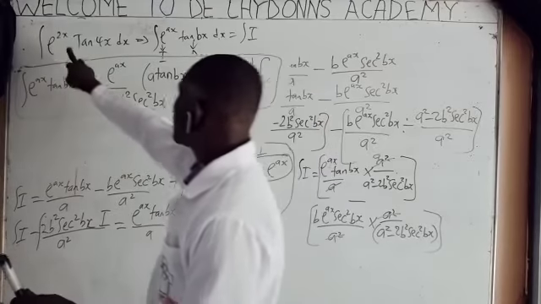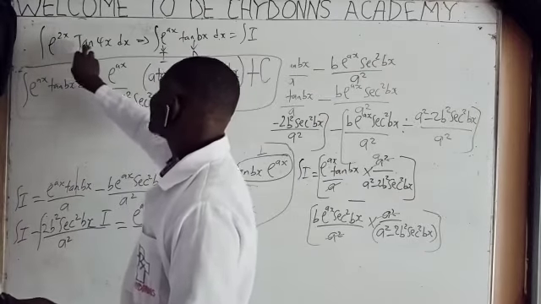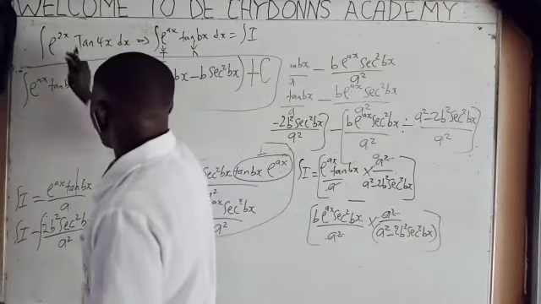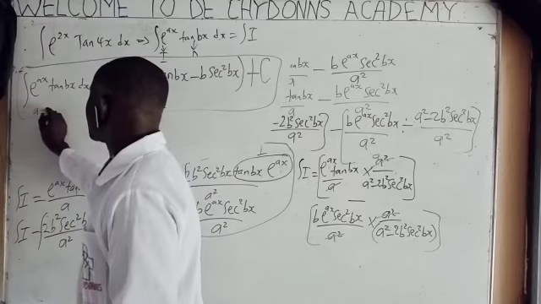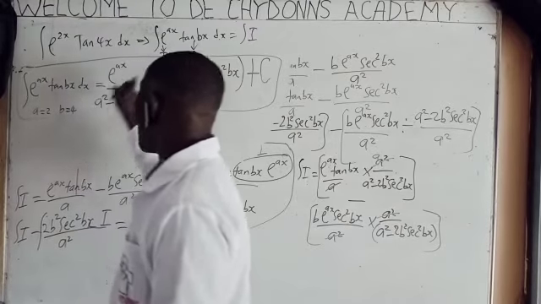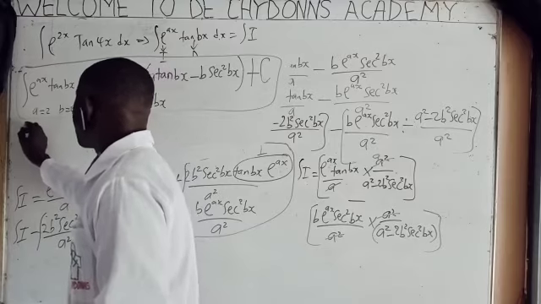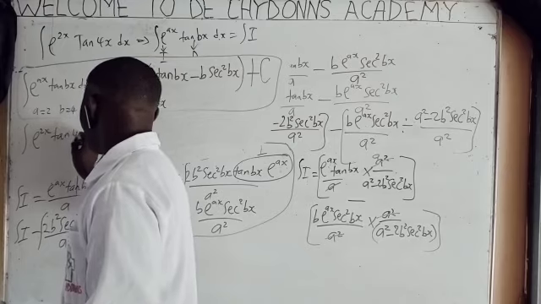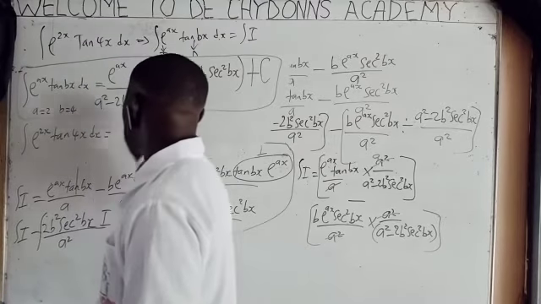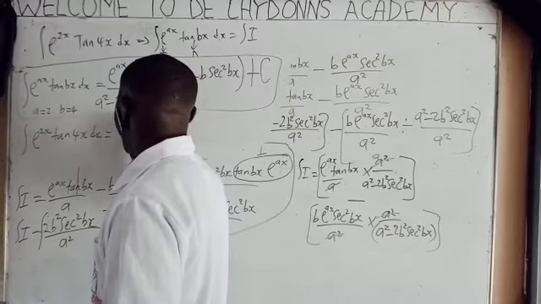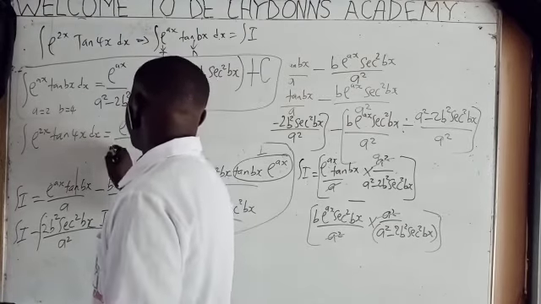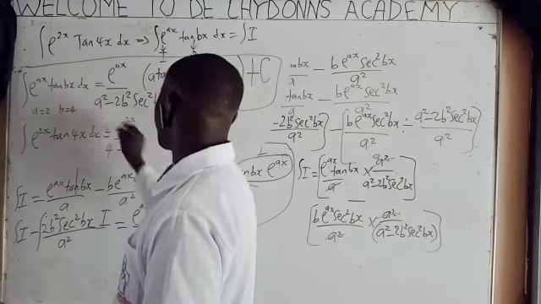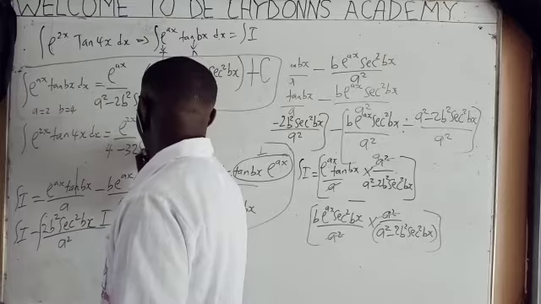Now I want to solve this question. Integrate exponential 2x tan 4x dx. I will say my a, comparing it with this, my a equals 2, my b equals 4. I put in the formula, I say integration exponential 2x tan 4x dx equals, what is my a? 2x all over 4, 2 square is 4 minus 2 times 4 square is 16 times 2, 32 sec square.